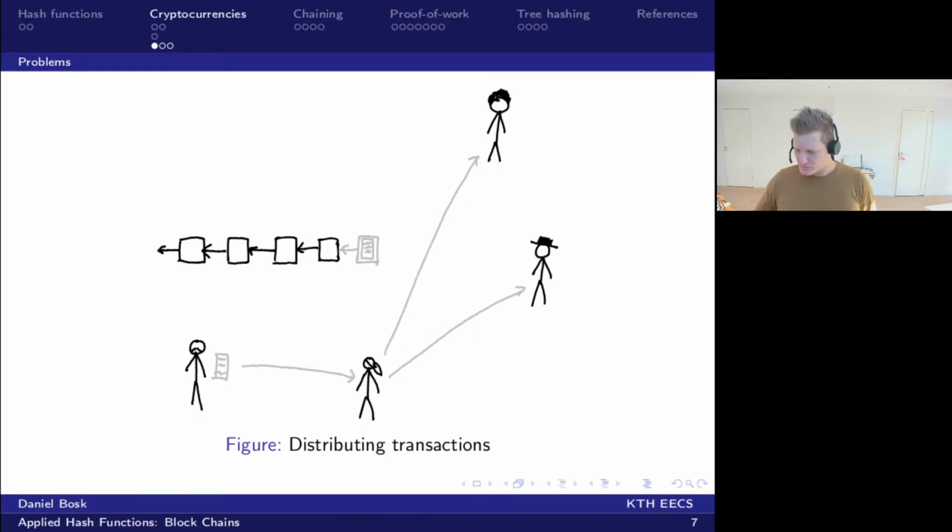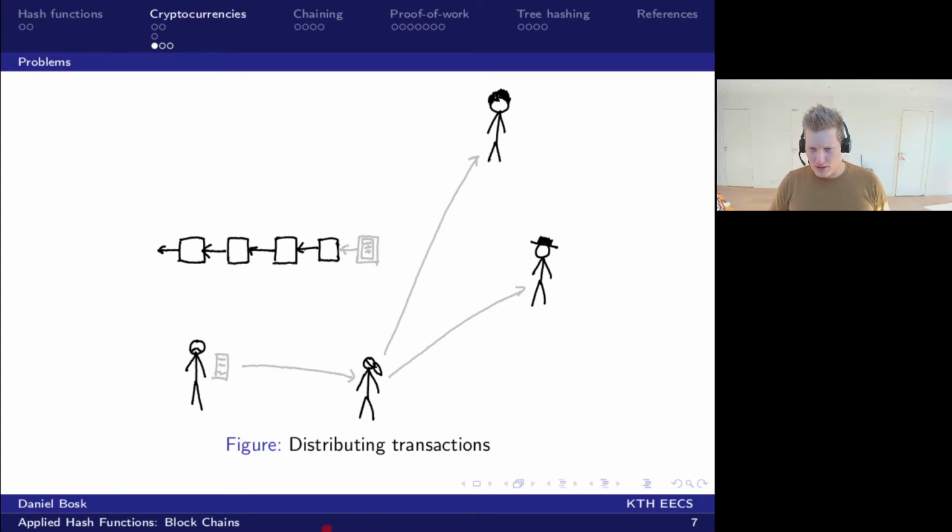And another one of these problems that we must face in this system is how to distribute transactions in the network, since there are going to be a lot of people interested in these transactions. If they are going to receive payment, they need to know if the one who is paying me has actually made a transaction, so I actually have received the money or not.